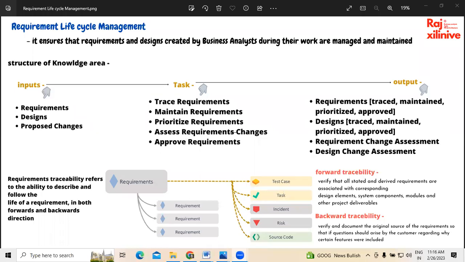So SWOT analysis is a common technique used everywhere, even in our personal lives, right? Whenever you are going for an interview, or whenever you are planning for a career transition and all, SWOT analysis will be made by the BA, made by the person.